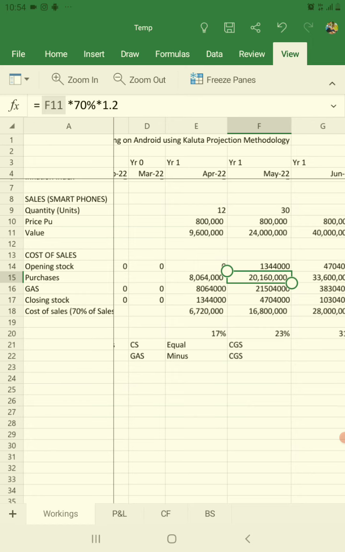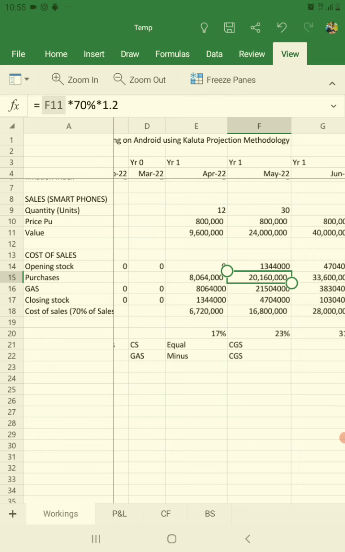Now I want to remove this closing stock of the previous month so that I have exactly a 20% markup on the current month purchase expectation.